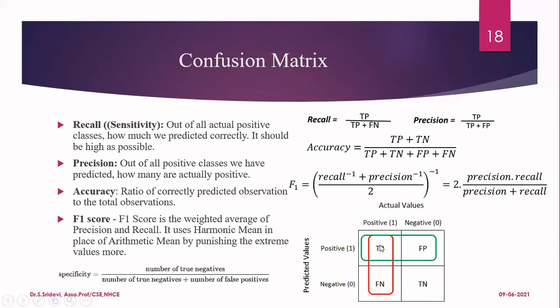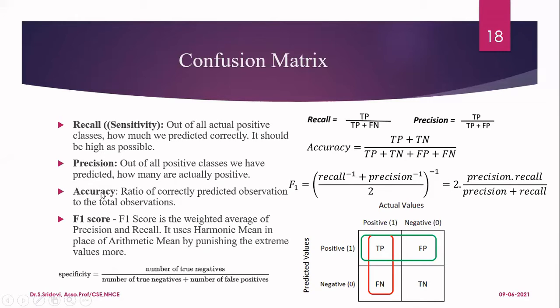Here we have TP and FP. From our model, we are predicting them as positive, but out of these two, only TP is originally positive. FP stands for falsely predicted as positive. So you can calculate precision as TP divided by TP plus FP. This is the second term.